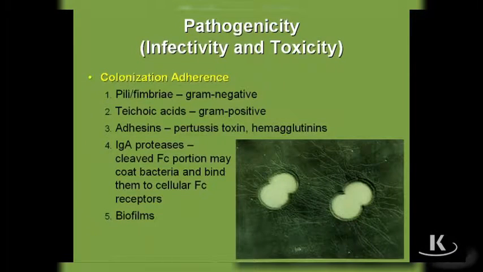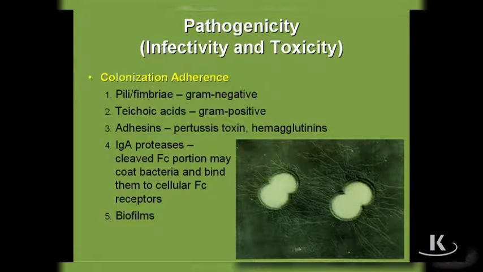Some of the other adherence markers you see on here: teichoic acids are basically like pili that are found in gram-positive organisms, okay? So you definitely want to be careful there. If you're asked a question about an important attachment virulence factor in a gram-positive organism, it's not going to be pili, it's going to be a teichoic acid, all right?